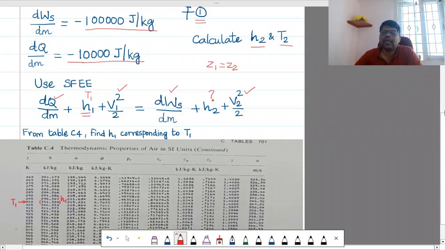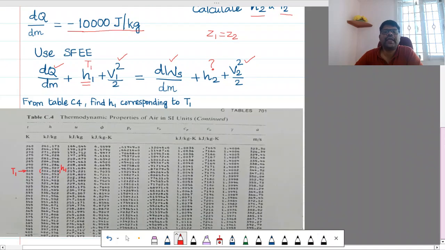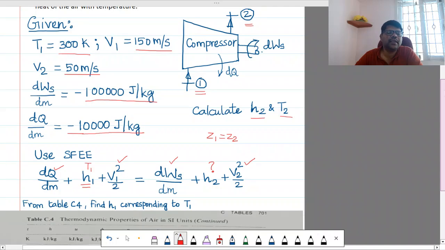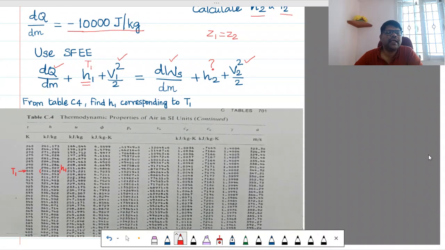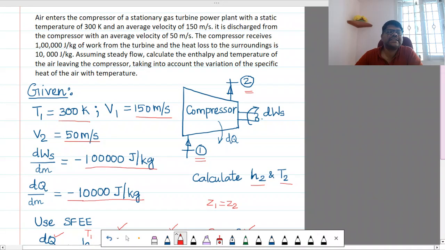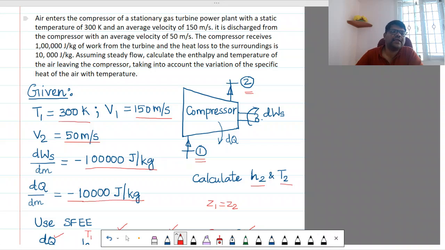To find out the value of H1, we need to find the value of Cp at the given temperature T1 equal to 300 Kelvin. For that, I use a table called thermodynamic properties of air. Right, so assuming air to be the working fluid, or as given in the question, air enters the compressor.